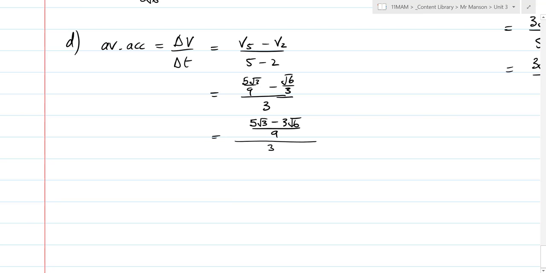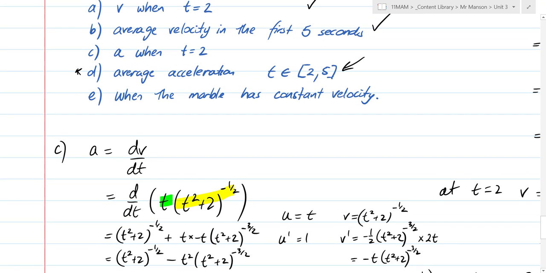And lastly, question E, and I can see some people probably need me to stop. So, when the marble has constant velocity, what do we know about the acceleration? The acceleration needs to equal 0. So, acceleration function, the question says when, so I need to work out when this equals 0, which looks scary, doesn't it?